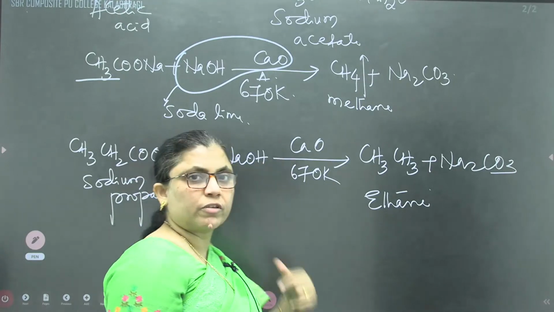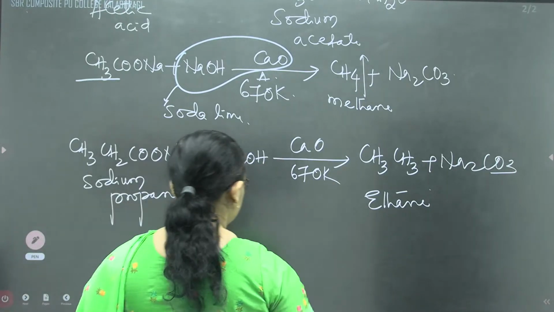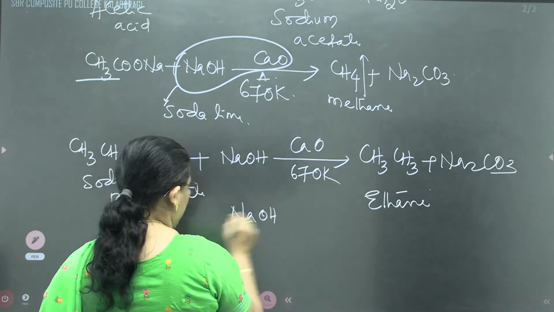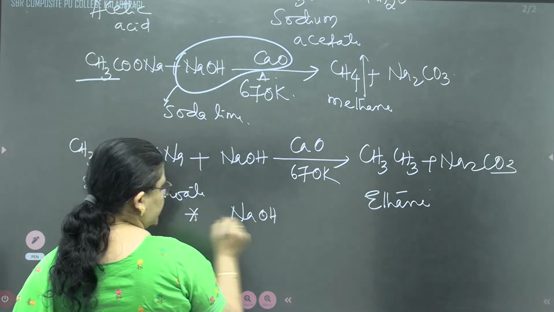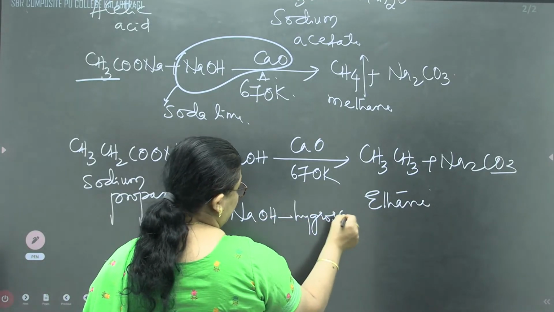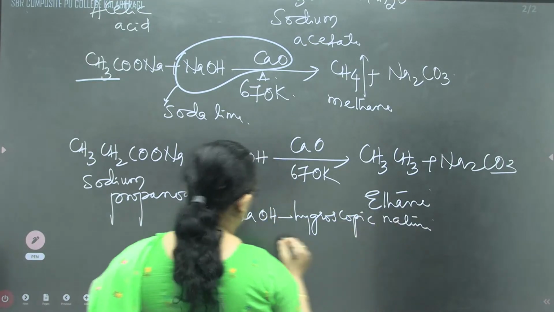And calcium oxide is what? It is the best dehydrating agent. In the note, we can write sodium hydroxide: hygroscopic. Just for additional information, you can write over here.